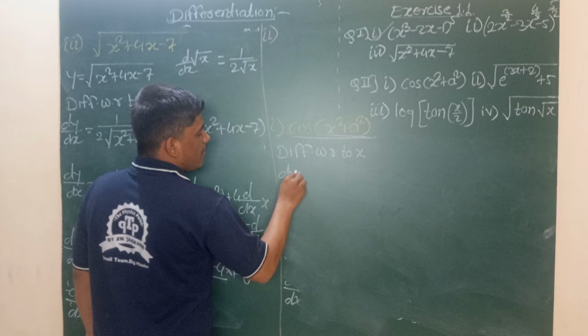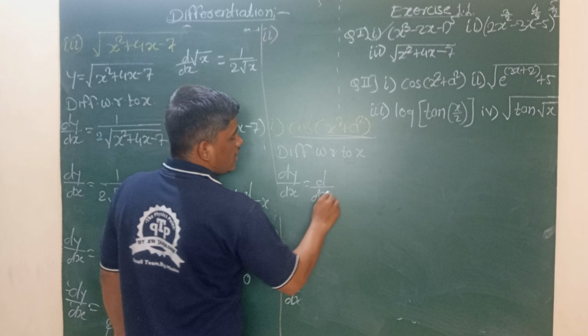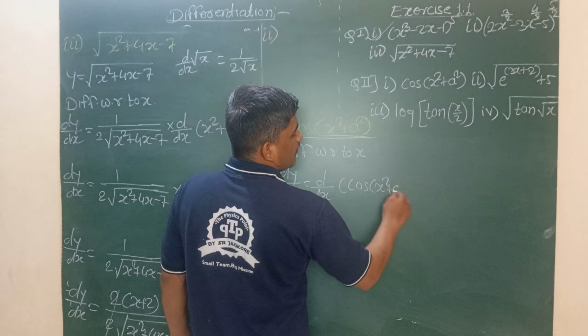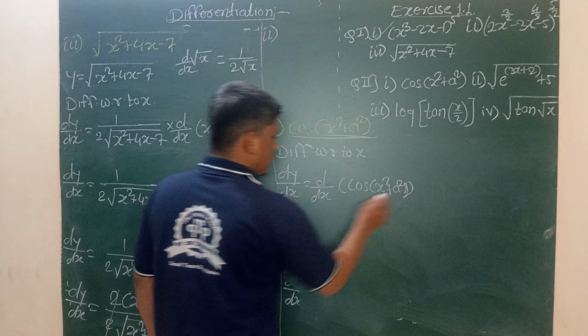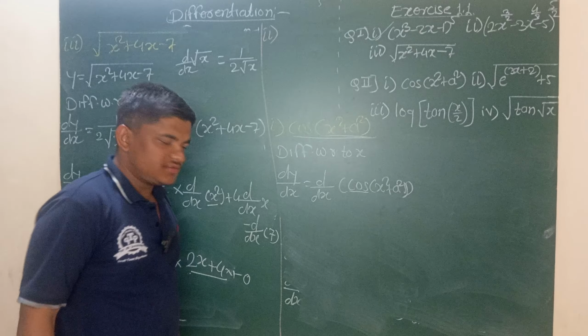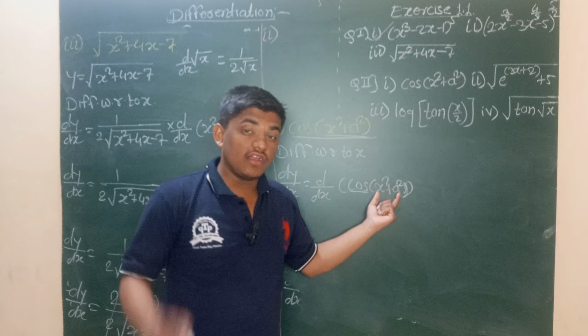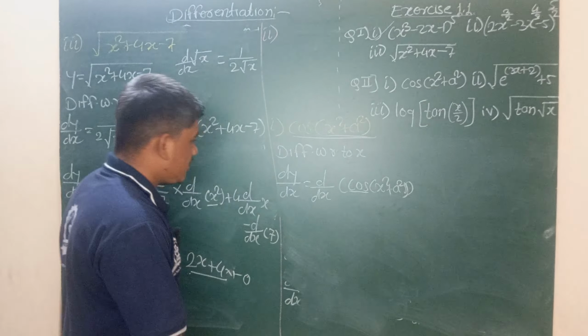We know that dy by dx is equal to d by dx of the function, that is cos of x square plus a square here. First of all, differentiate the cos function, treating x square plus a square as only a single parameter, that is x.